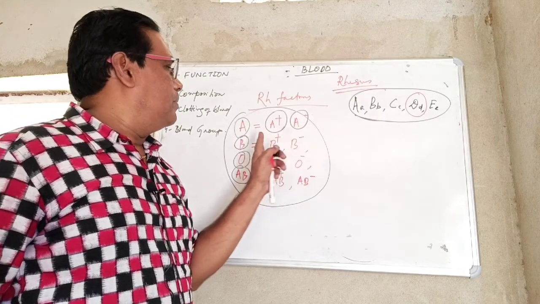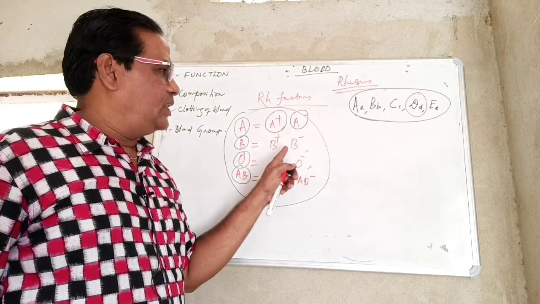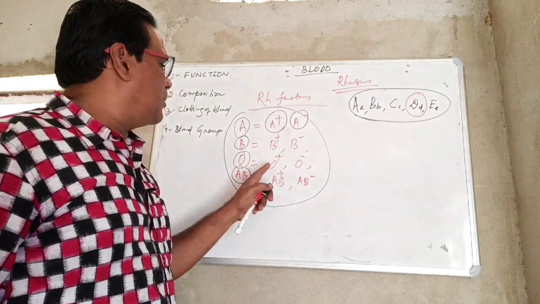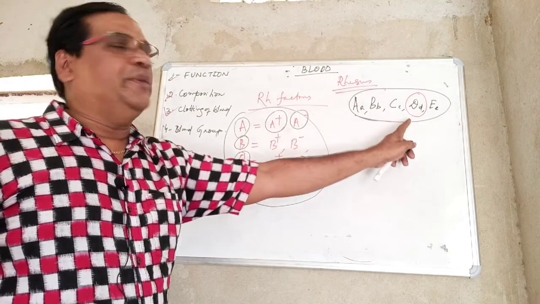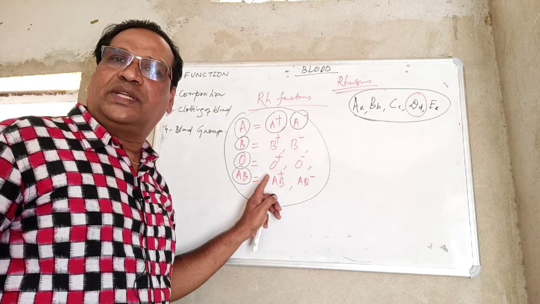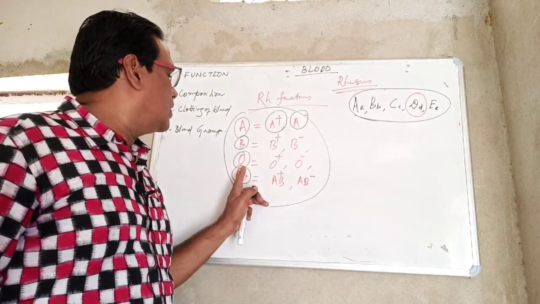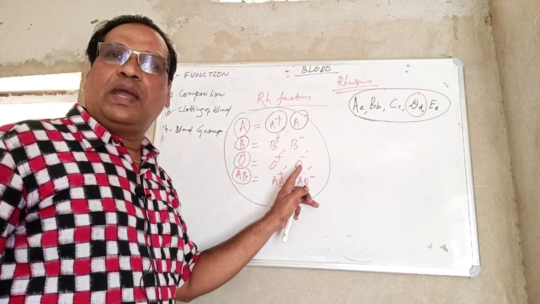If the D protein is absent in the B group, that is B minus. In the O group, if protein D is present, then that is O plus, and if D protein is absent in group O, then that is O minus.